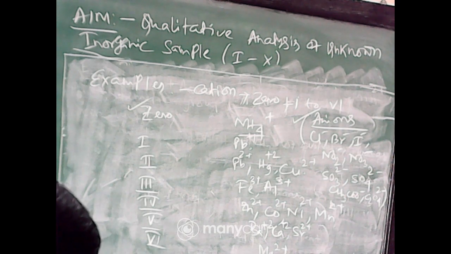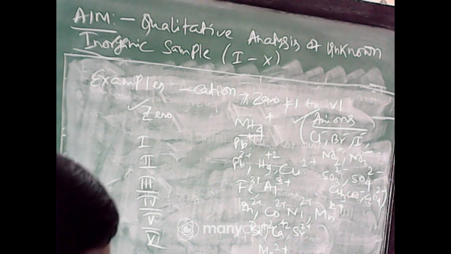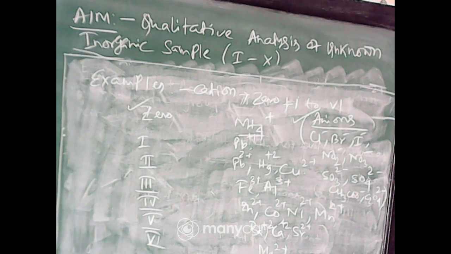Okay, move to page number 69. You can see there the separation of cations into groups. In group 6 it is only one cation, that is magnesium.